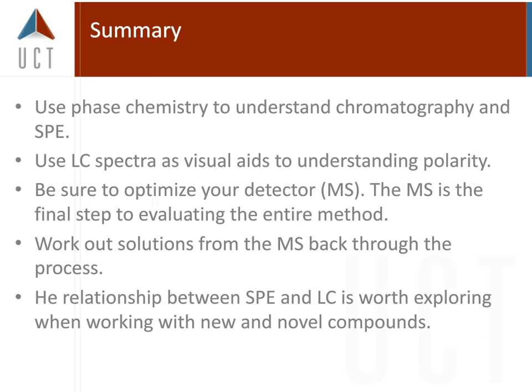So again, working through the solutions and understanding what this all means in terms of the entire procedure. And then lastly, I like to use my LC and then my previous knowledge and experience and the vast number of different types of phases that UCT has available to then optimize specifically for some of the applications. Right now with the new compounds, especially synthetic cannabinoids, are a challenge.